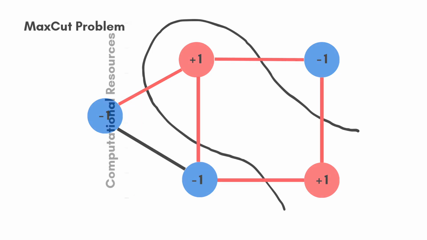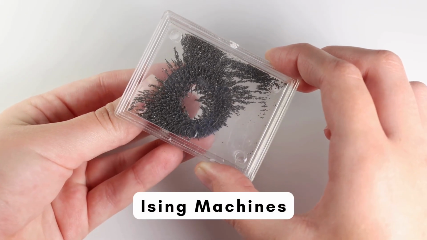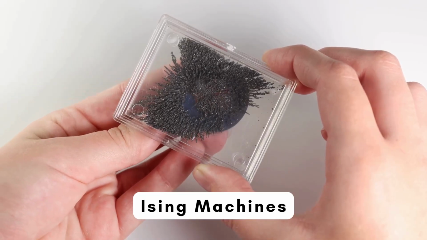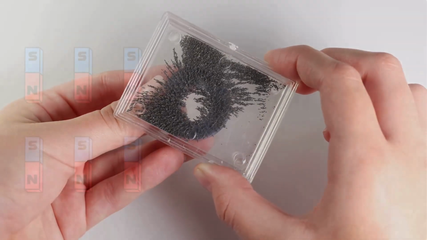A lot of these problems are classified as NP-hard, which means that as the problem size increases, the resources required to solve them might also increase exponentially. But Ising machines are solvers based on physical systems that naturally tend towards their lowest energy state.